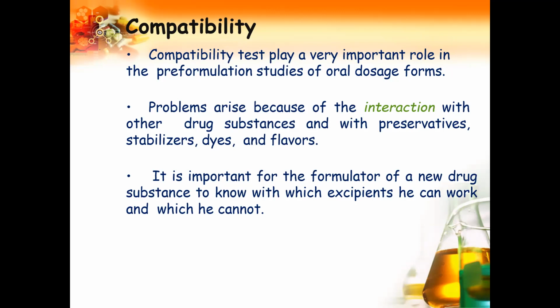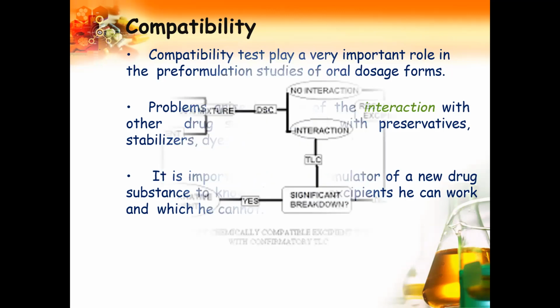It may result in harmful metabolic product or harmful byproduct formation, which will create instability problems in the dosage form. So it is important for the formulation scientist of a new drug substance to know which excipient he can work with and which he cannot.